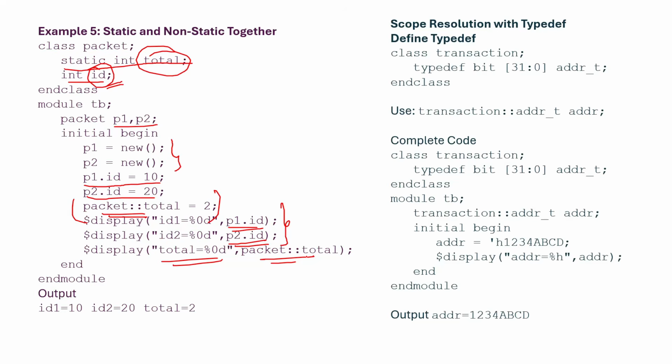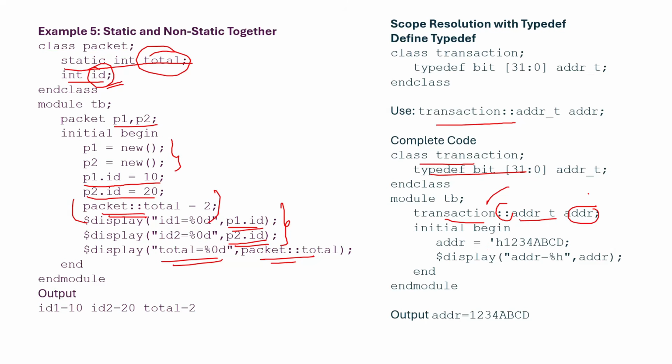I want to call my value data type through typedef, because it is a user defined data type, right? So the user can define any value. This is my class, and then typedef data type module transaction, that means class name, scope resolution operator, address t. So the handle name created is address. Through address I can assign any value.